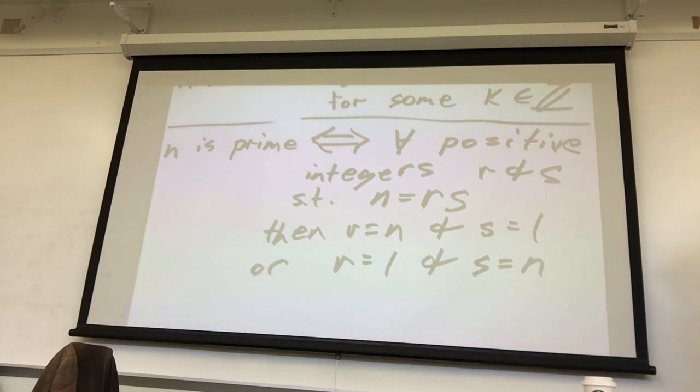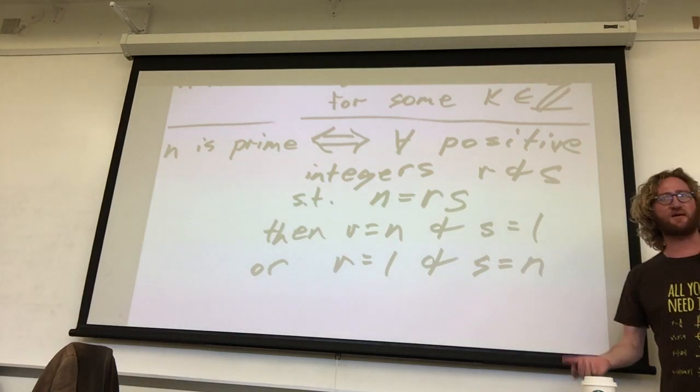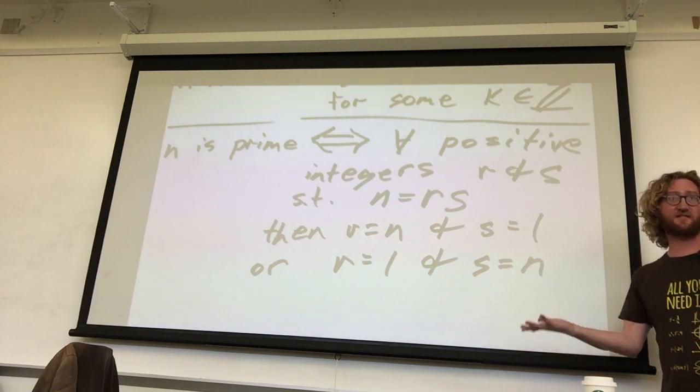So basically, a number is prime if the only things that divide it are itself and 1.